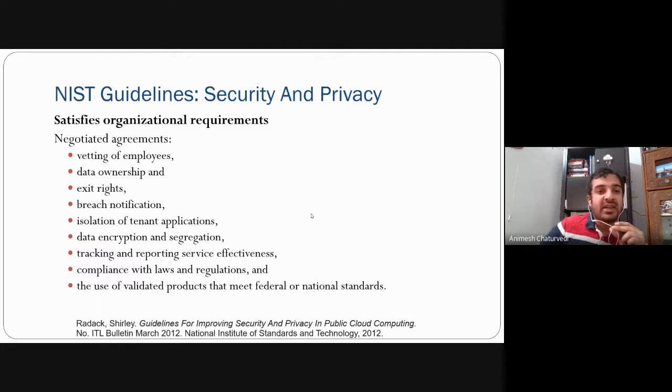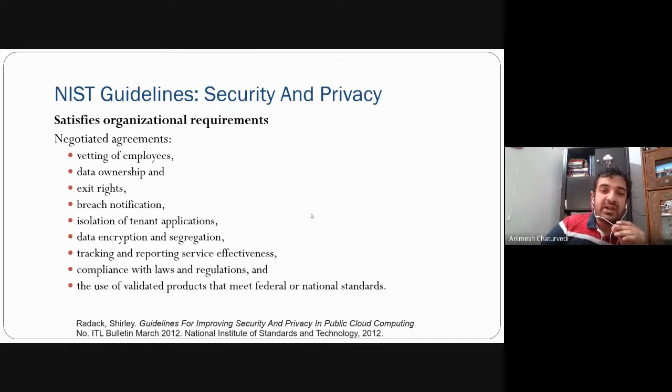Then second point, data ownership. Who will own that particular data which is about to be created? That has to be maintained. Then exit rights, meaning what are the rights of particular users? A notification has to be given whenever there is a breach of security or something.